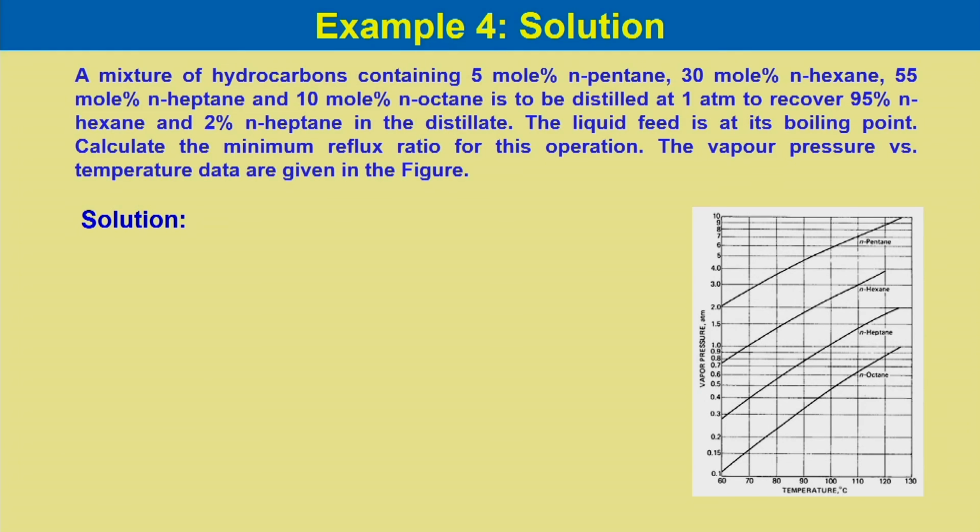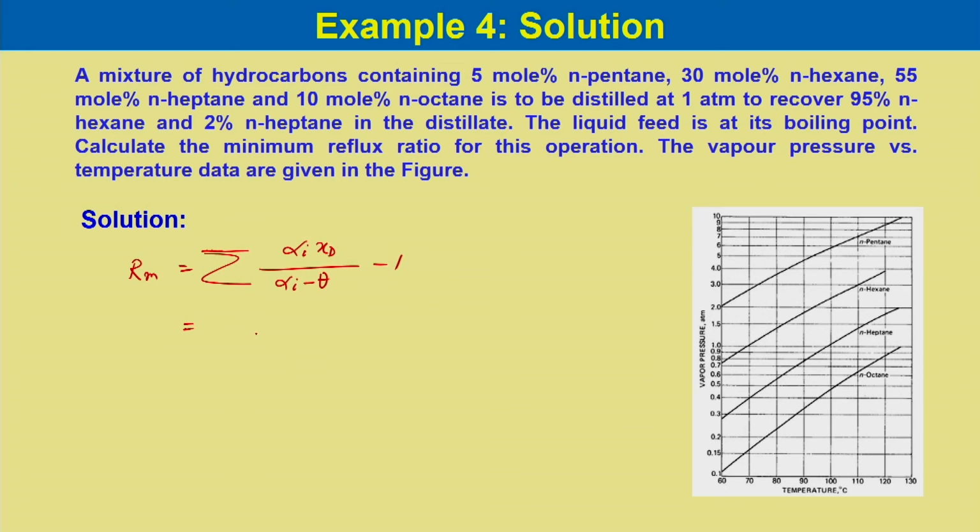Now, as we know, Rm is equal to summation over alpha i xid by alpha i minus theta, minus 1.